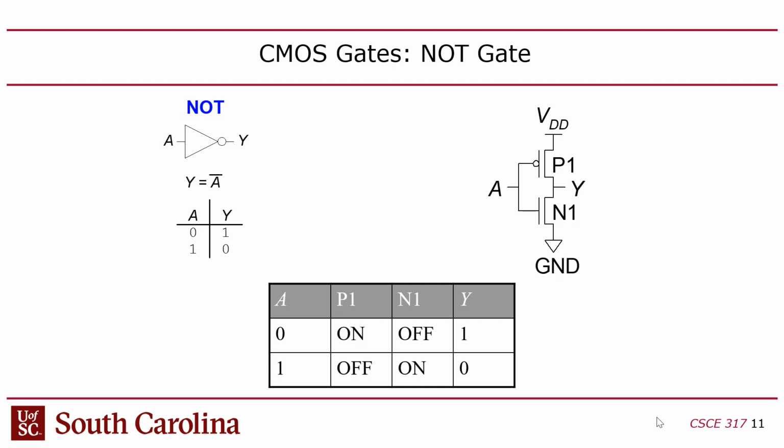And so when Y switches from 0 to 1 or 1 to 0, basically you're charging or discharging whatever this is connected to on the output. And initially when you first switch it, it's going to put a big voltage drop on the pull up or the pull down until it charges or discharges whatever it's connected to on its output.